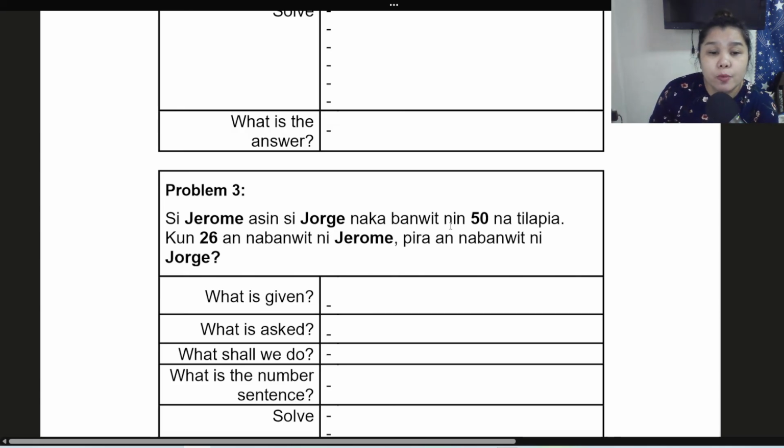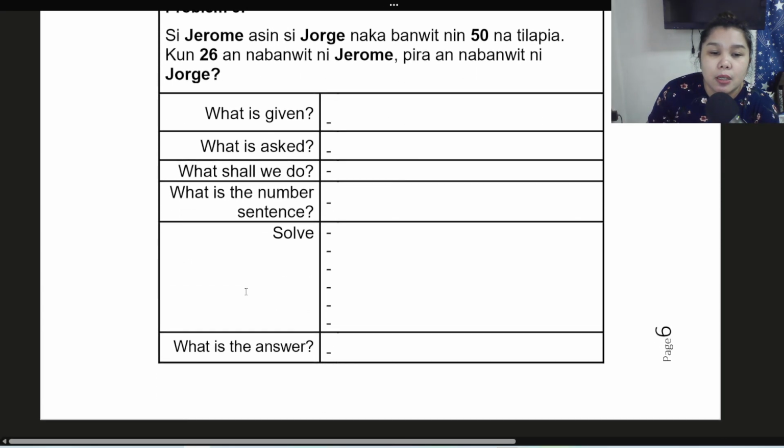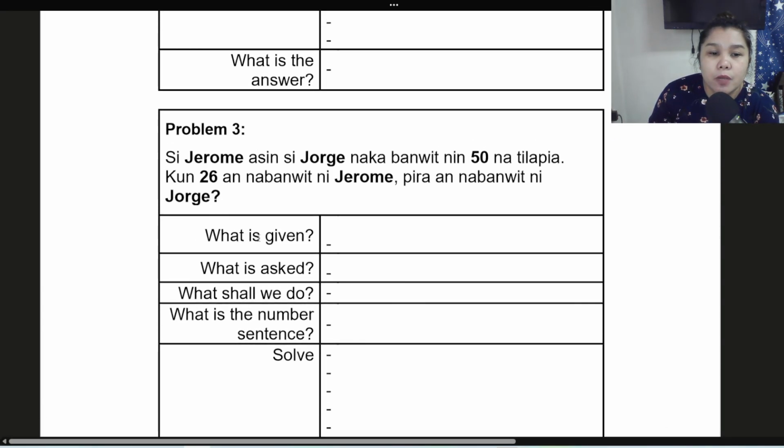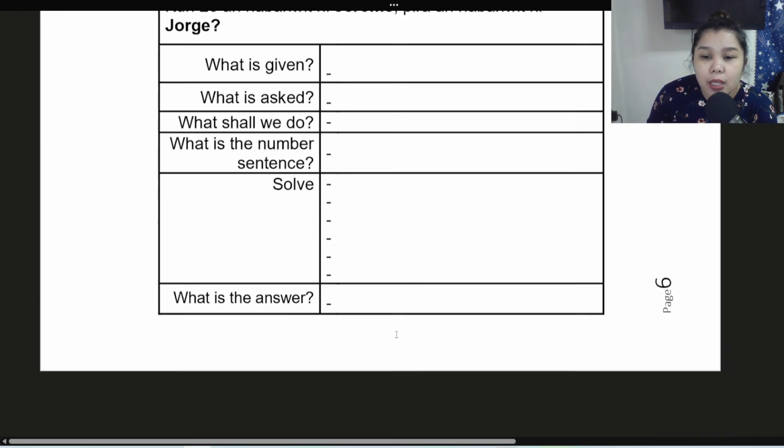So Jerome and George got a total of 50 tilapia. Jerome got 26. The question is, how many did George get? This is where you have to give the given, what is asked, what shall we do, whether add or subtract, what is the number sentence, the solution, and the answer.